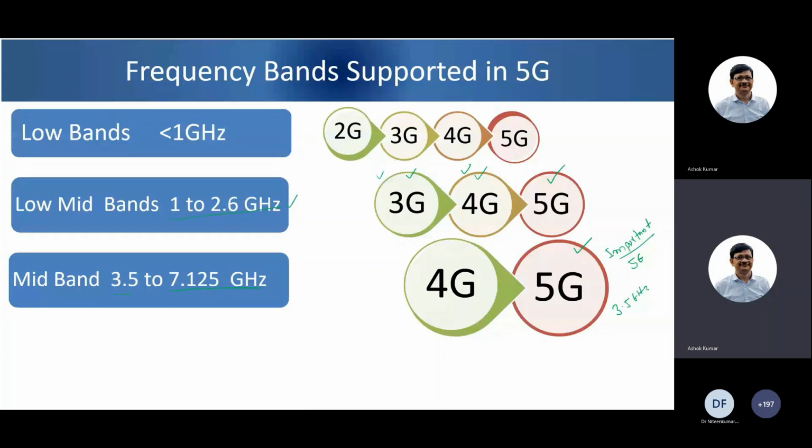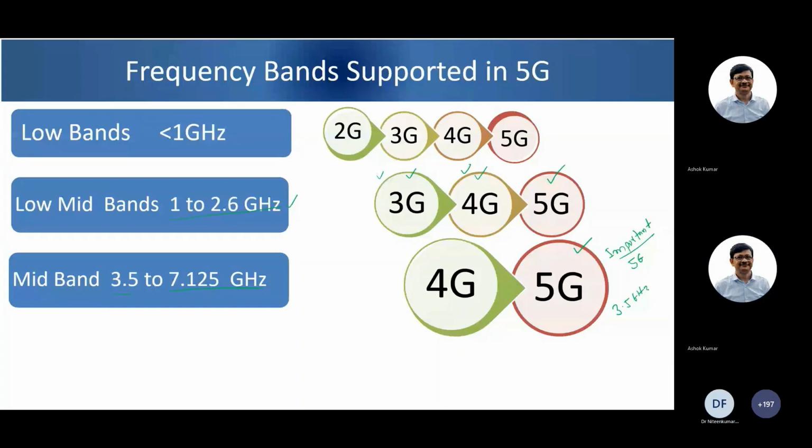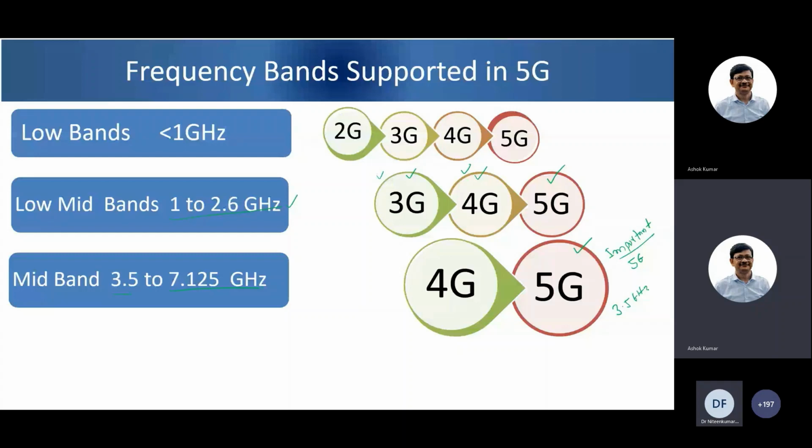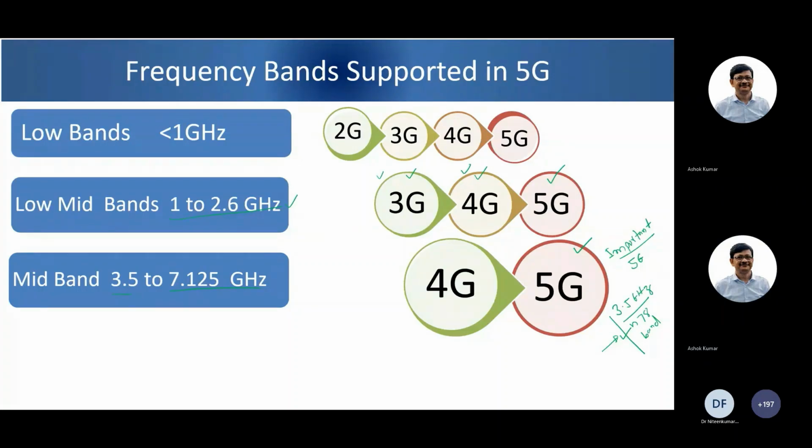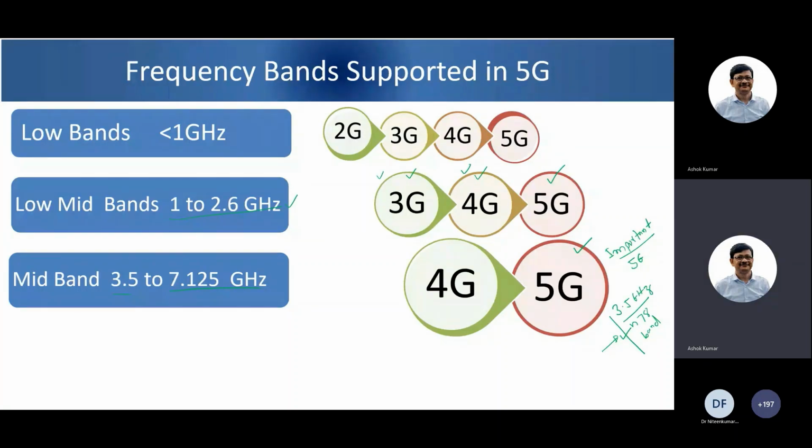This is the band used by almost everyone, which is why the entire ecosystem of 5G has developed around this 3.5 gig. Many of you might have a 5G-enabled handset. If you go and check your phone, this 3.5 gigahertz, or N78, is definitely supported. So the ecosystem has developed on the device side and the BTS side, where equipment is being manufactured.